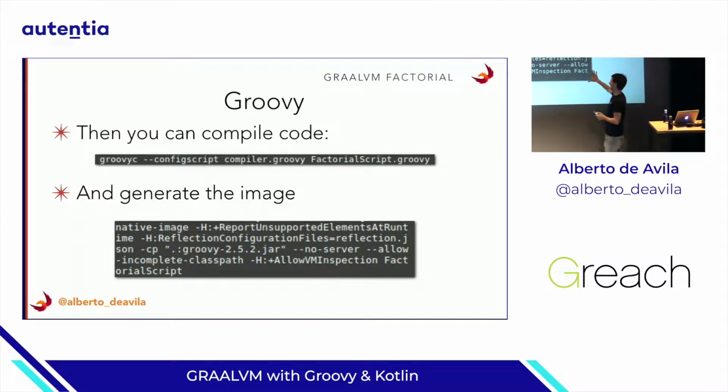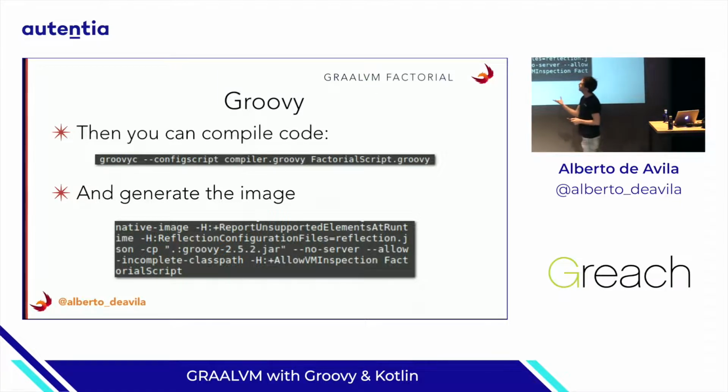This is what it looks like to generate a Groovy native image with Graal. We use some config that I don't know what it means, so I don't understand about that. Maybe people more expert than me here in the room can answer.